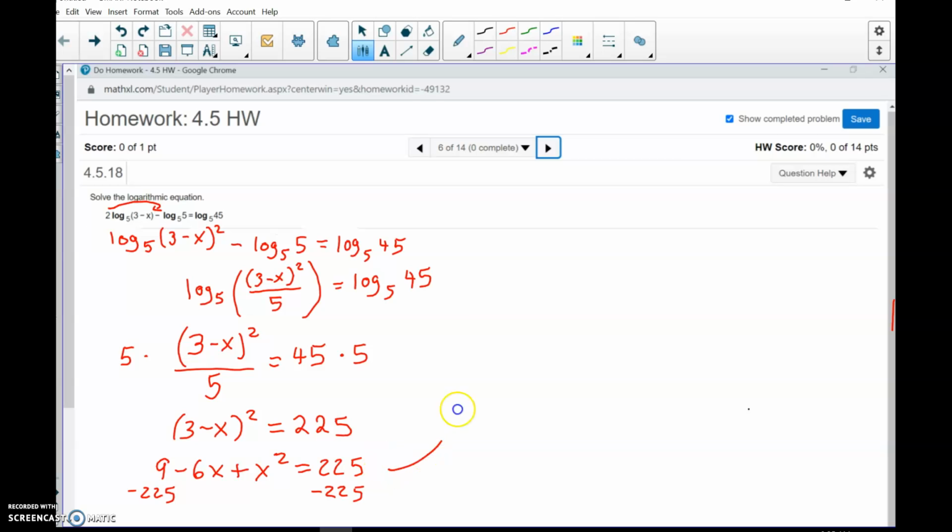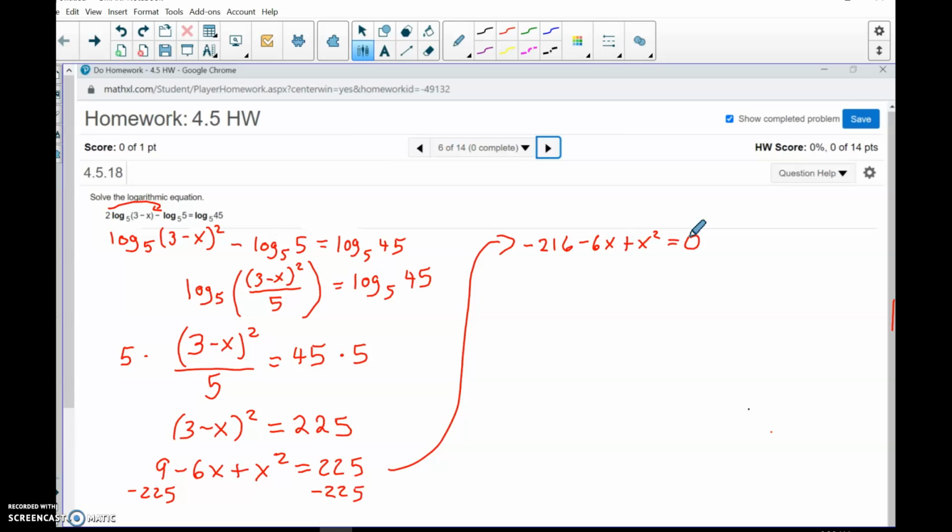Okay, I'm going to continue this over here. So we get a negative 216 minus 6x plus x squared equal to 0. Okay, now we can solve this. We could factor.